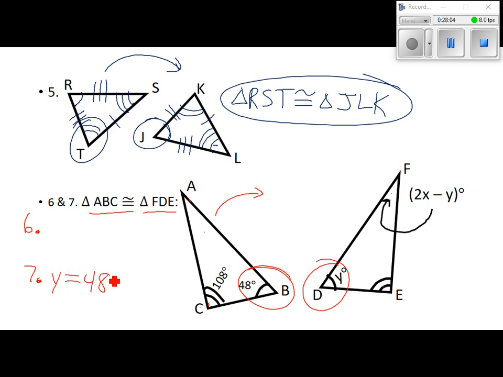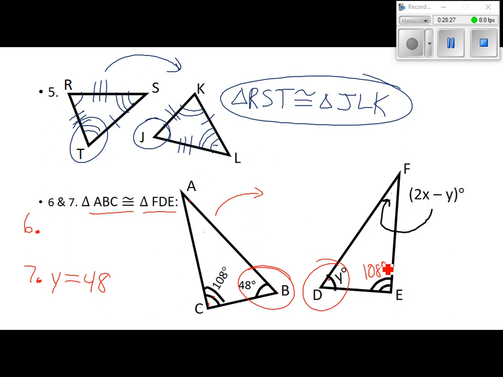Nothing really to solve there. Just set it up, say, hey, these two are equal, so if one's 48, the other one has to be 48. Here, if I know that this angle is 108, then that means angle E has to be 108.